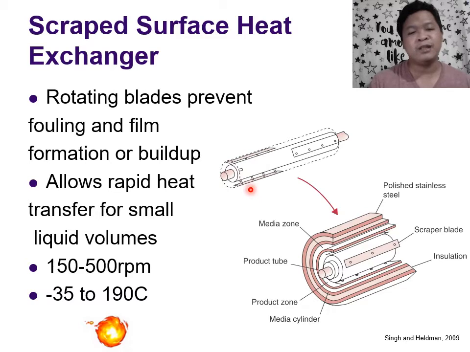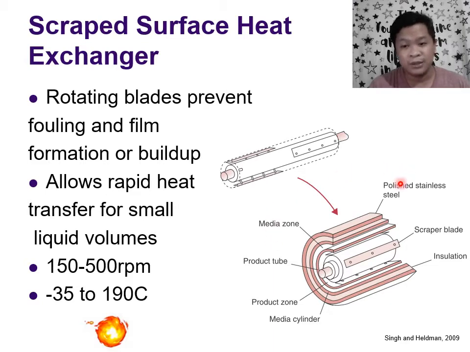So of course, this would allow a wider range of temperatures to be applied, no? Typically kasi you don't want to go much higher than boiling point kasi nagsa-scorch na yung mga products. Pero kung nagsa-scrape ka, you can minimize or prevent that sticking of products at high temperature. Okay.